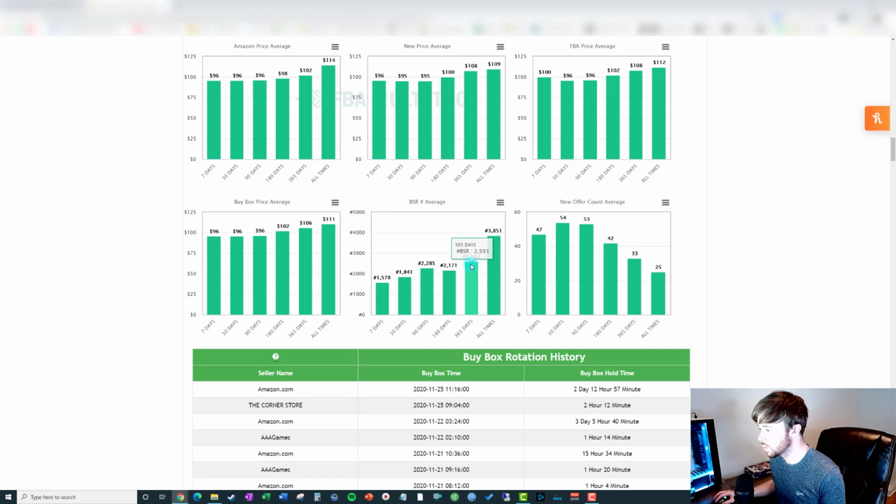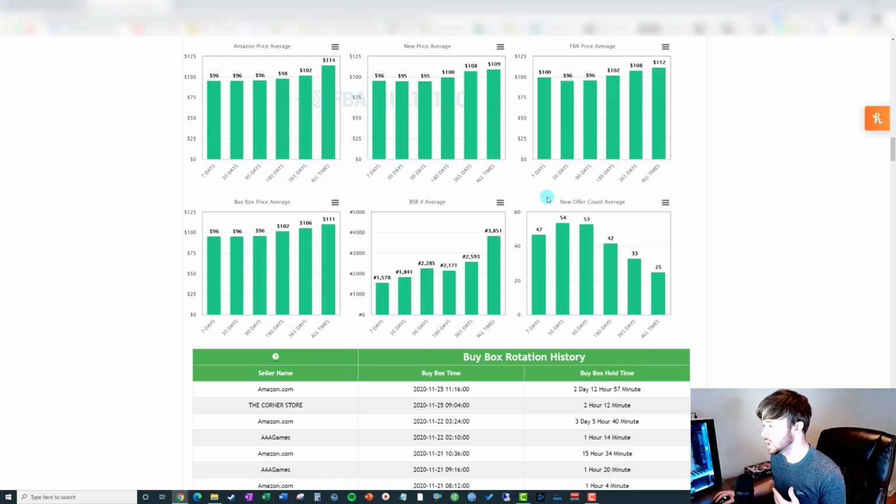In the last year, the rank has been 2,500 give or take, which is a really good rank. But in the last 7 days, it's 1,500. So it's a massive seller in the last 7 days. You can tell a great story on whether interest is increasing or decreasing on a set over time by looking right here at the bestseller average and whether it's going up or down.